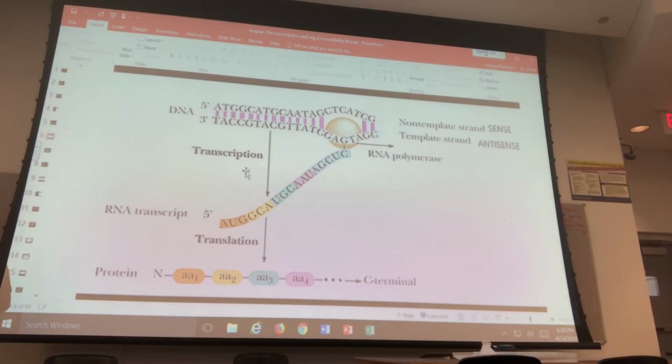So, you saw an example question in exam 3 where you're given sense strand DNA and asked what's the mRNA sequence that you get out of it? Pay close attention to that type of question. Read it carefully, because what happens if it says antisense DNA and you're asked to find mRNA instead? Make sure you remember that antisense is another word for template strand DNA.